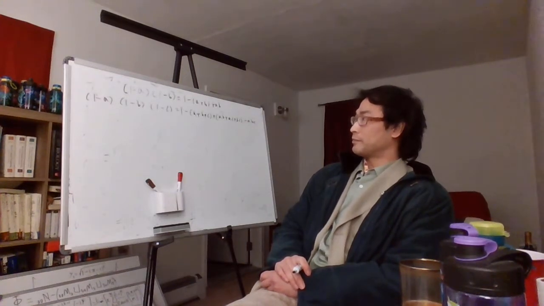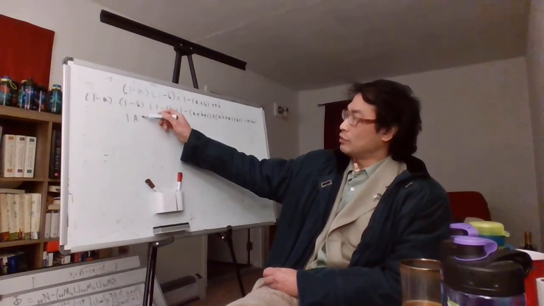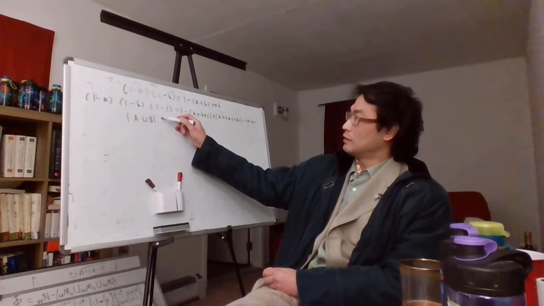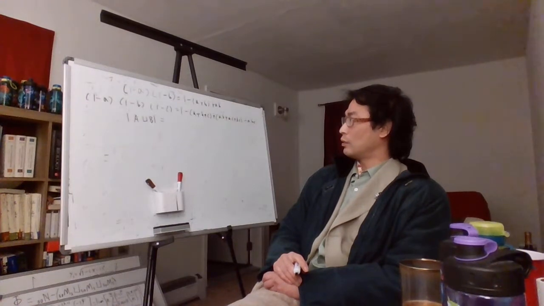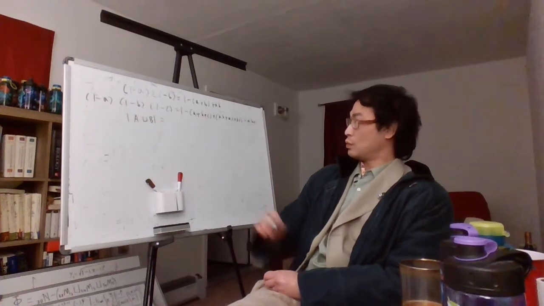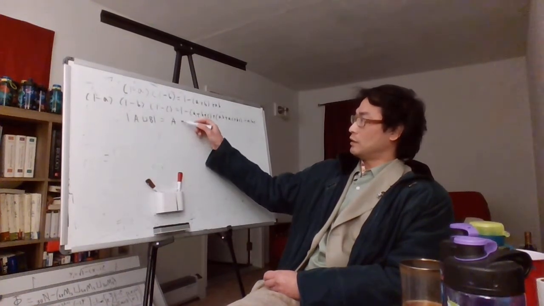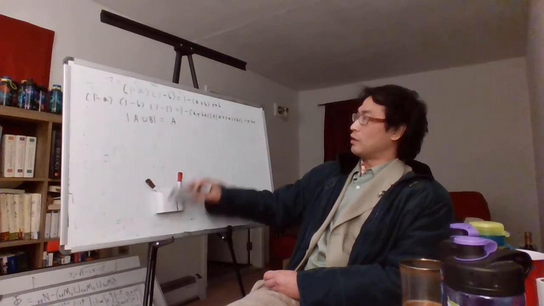In set theory, the absolute value of A union B is equal to A plus B, well, some notation convention here.